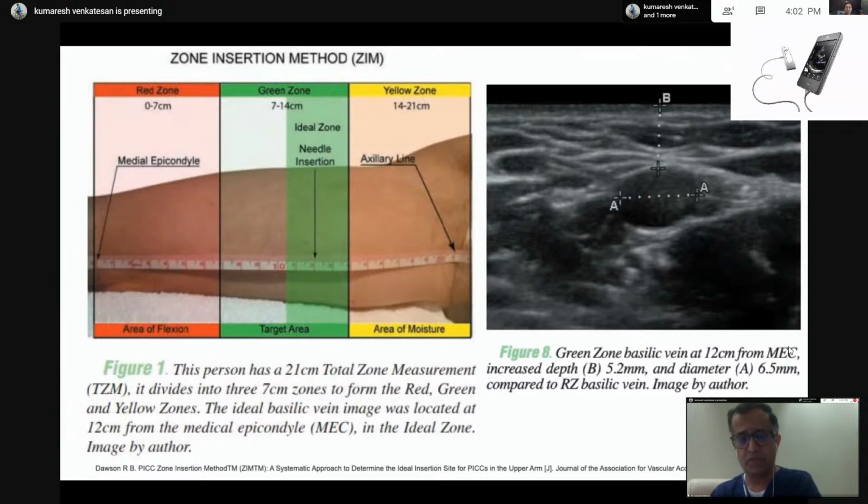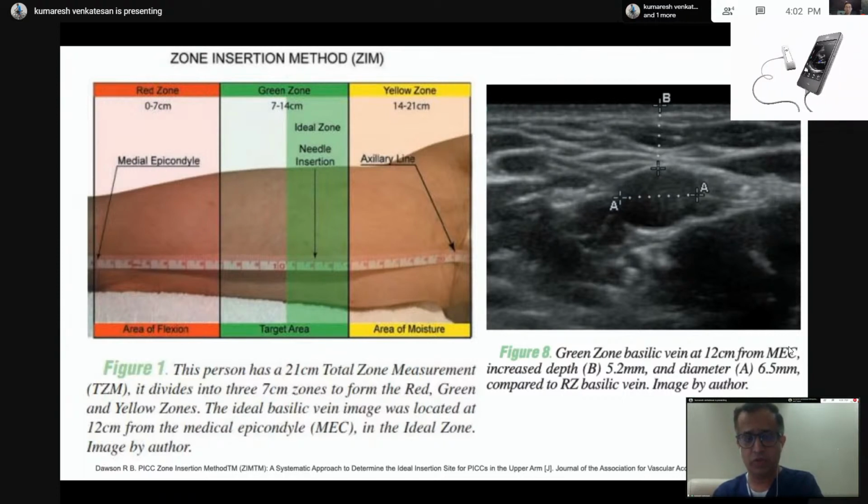Which part of the arm? If you take the arm, you can divide it into 3 areas. The middle part of the arm, which is about 7 to 14 centimeters from the medial condyle, has been recommended as the area for performing a vessel puncture for PICC line insertion. Why? Because the diameter of the basilic vein is the maximum in this area.